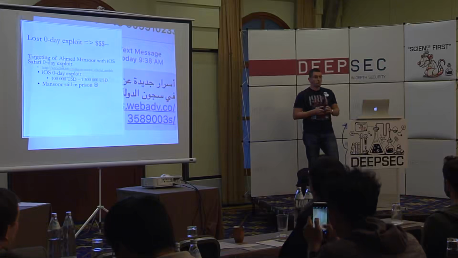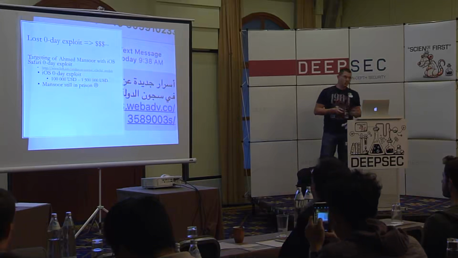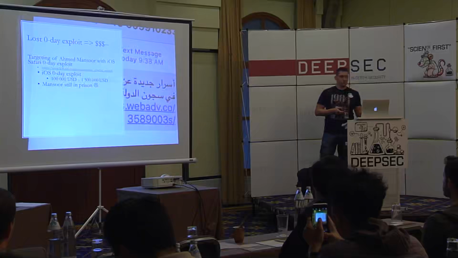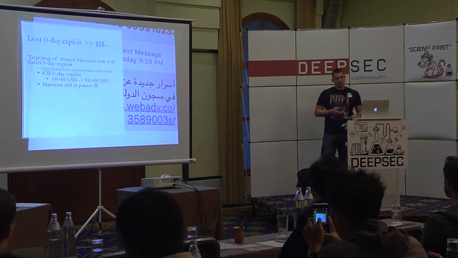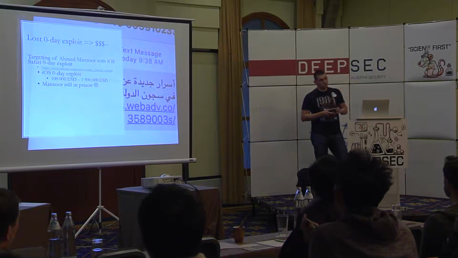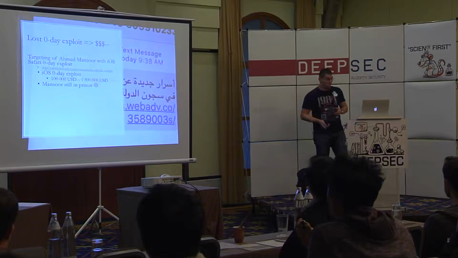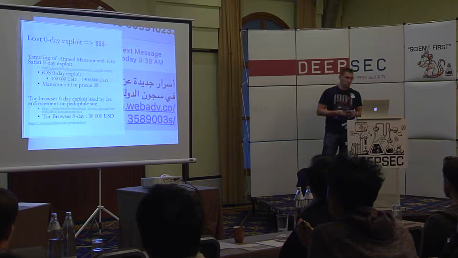So it's a lot of money to lose. And unfortunately, even though this 0-day was not effective against Mansour, because he found out that he was being targeted, he was imprisoned, and he's still in prison, unfortunately.